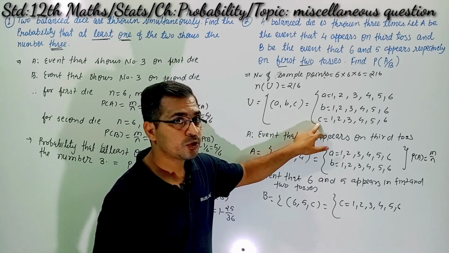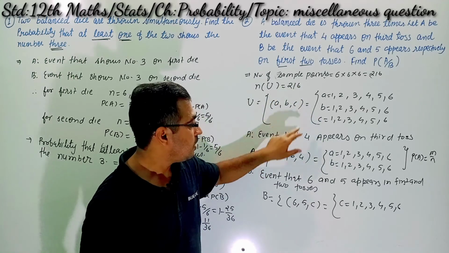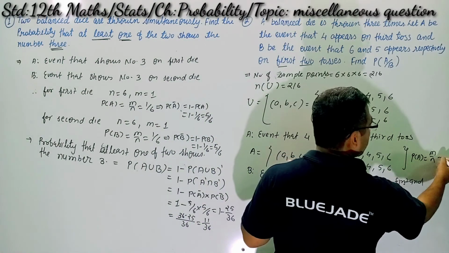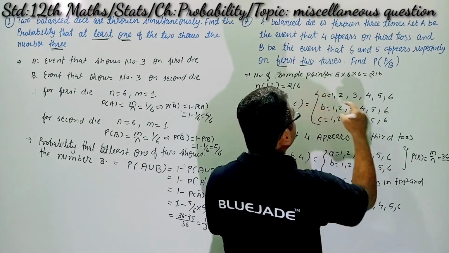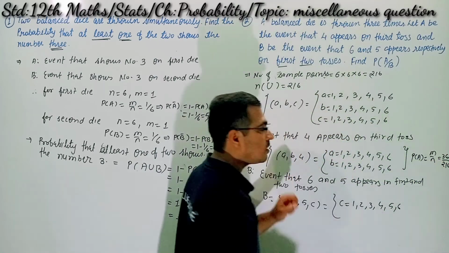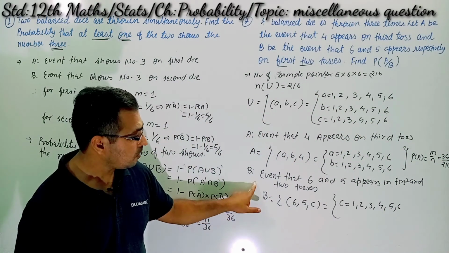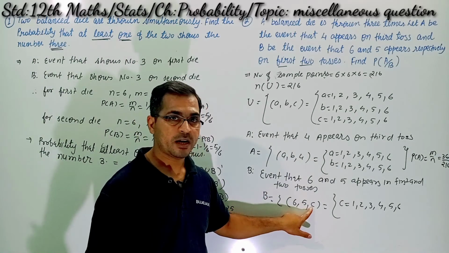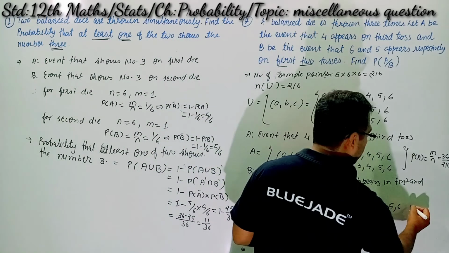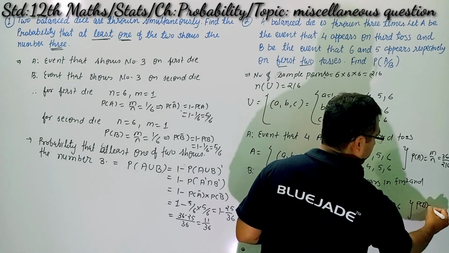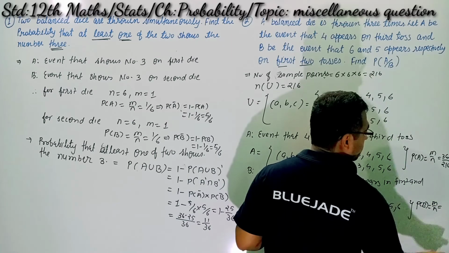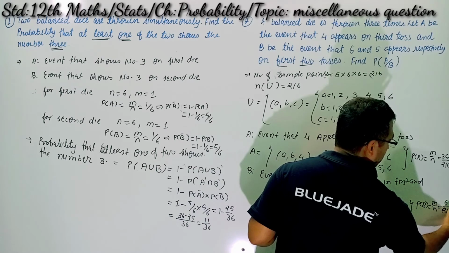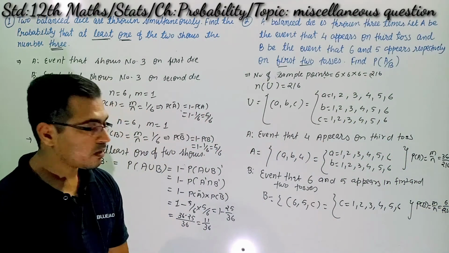Here we are changing only the first two places, so the favorable events are 36 and the total is 216. Right, students? In event B, 5 and 6 are constant and we are changing only one place. So P of B will be M by N, 6 by 216.